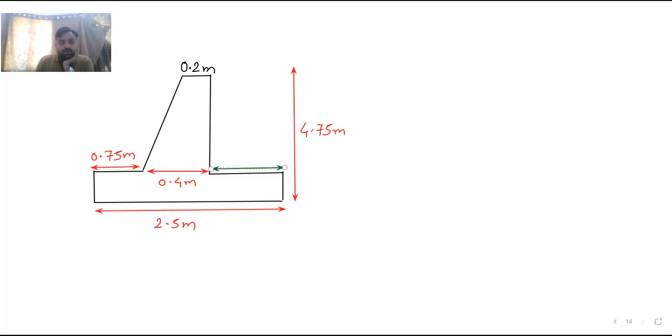Then minus 0.4 again, so this remaining distance is 1.35.